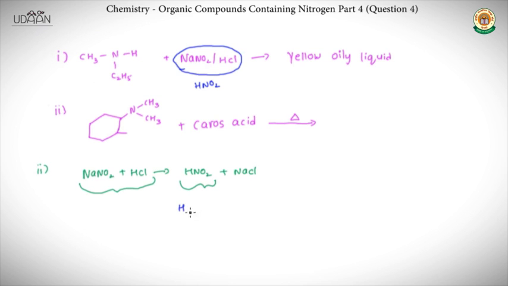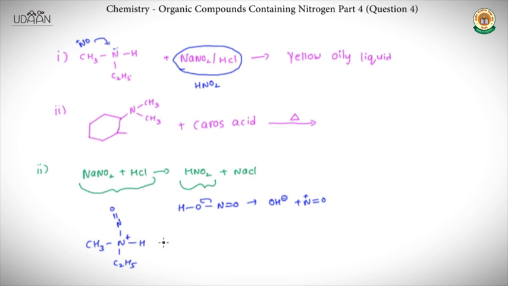The same thing happens. You have NO here. You are going to get OH minus and NO plus. Now you have got this one a nucleophile since it has lone pair, and this electrophile attacks on this. NO plus attacks on this. So you are going to get CH3 N C2H5 H and double bond O and a positive charge on this nitrogen.